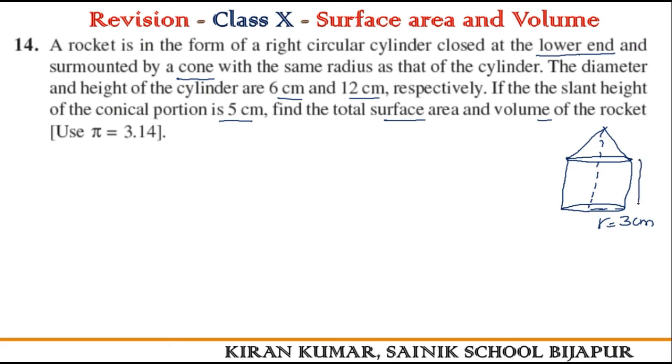The height of the cylindrical portion is 12. Since the diameter given is 6, I have taken radius as 3. The slant height is given as 5. So all the information is known to us.